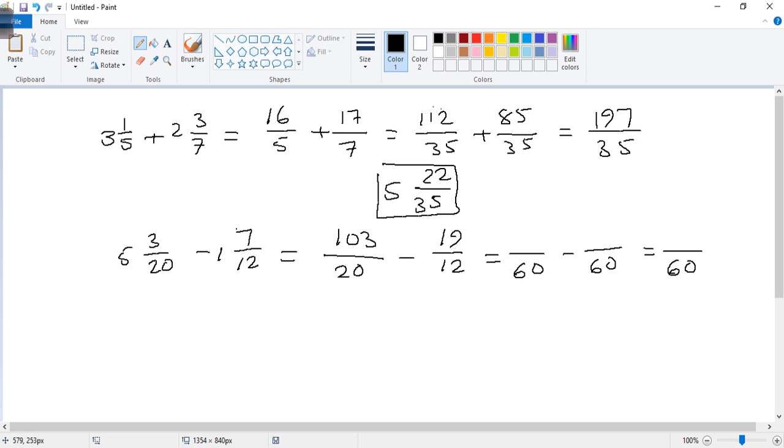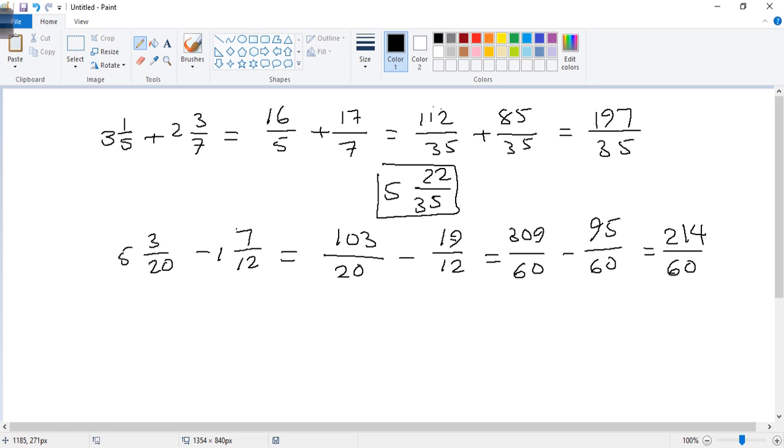60 divided by 20 is 3, 3 times 103 will be 309. And 60 divided by 12 is 5, 5 times 19 is 95. Now 309 take away 95: 9 take away 5 is 4, and 10 take away 9 is 1, 214 is the answer.